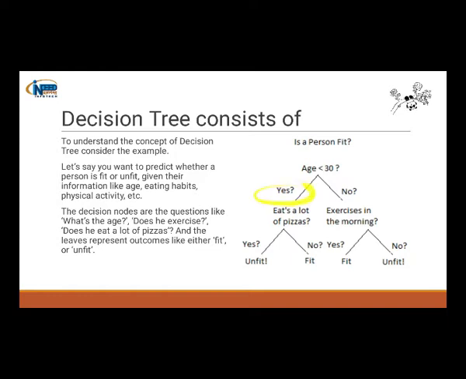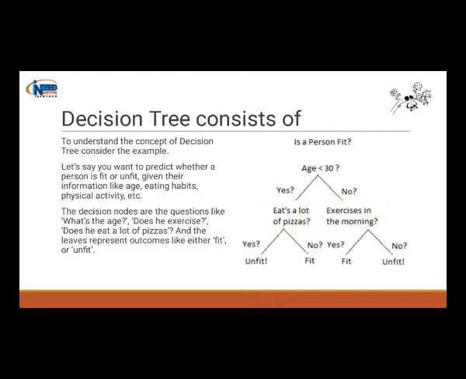If it says yes, then we have different types of nodes and different questions, and if it says no, again we have different questions for that. So these connections are actually known as branches or edges. Why? Because this connects the earlier node to the next node, and therefore these are known as branches.